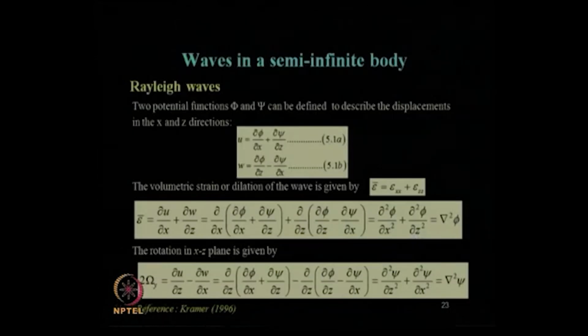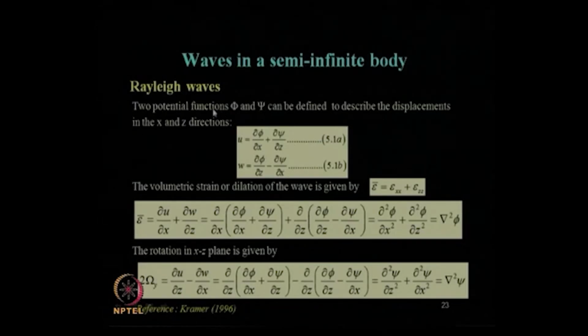So, let us now see how we can derive this Rayleigh wave velocity, or how we can express the solution for the Rayleigh wave, knowing this behavior, that it will be only in one planar direction. So, 2 potential functions, let us define as phi and psi, can be defined to describe the displacement in x and z direction.